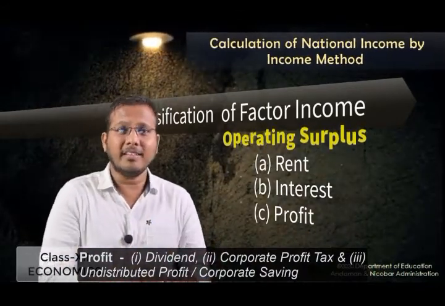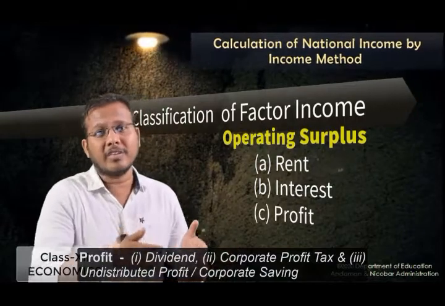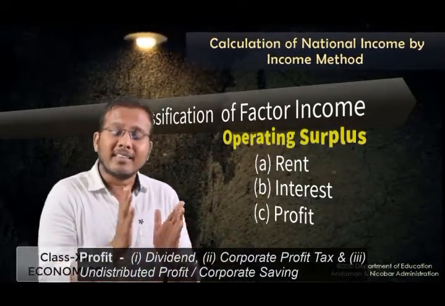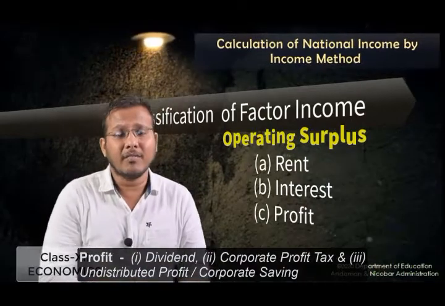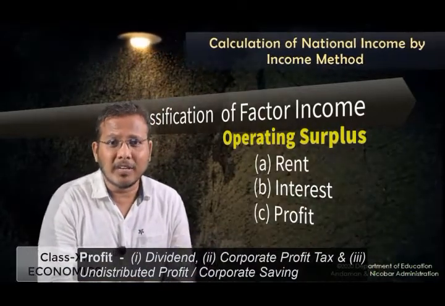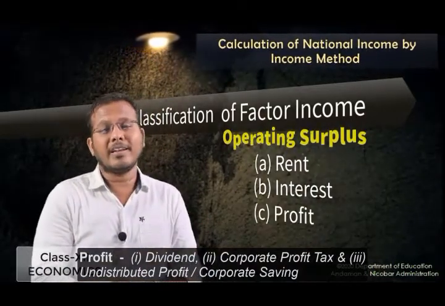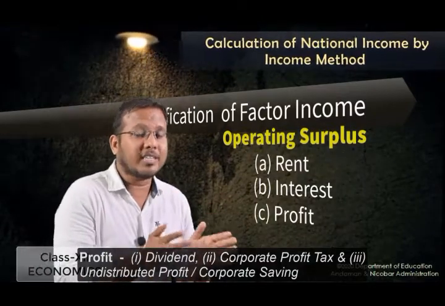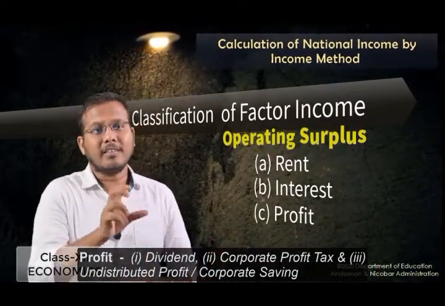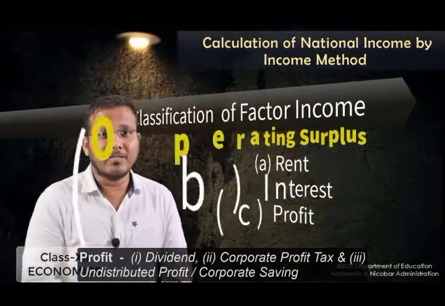The corporate tax and the corporation profit tax are the same component. And the part of profit that is undistributed profit can be said to be the corporation saving. All these three components together make the value of profit.